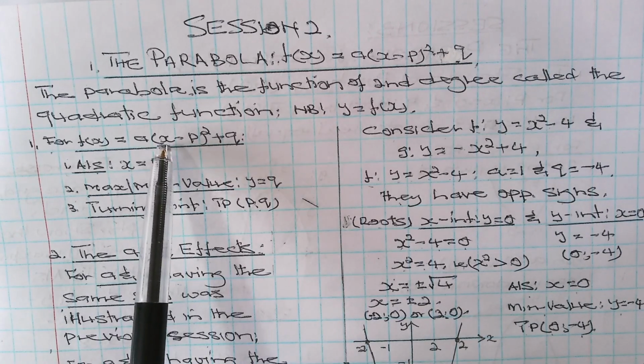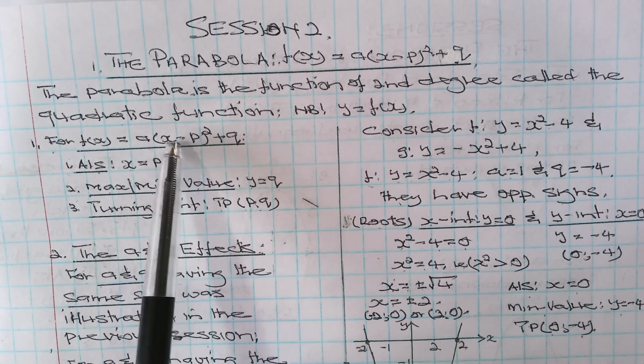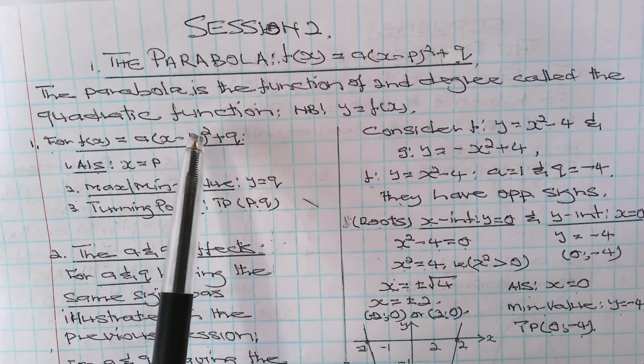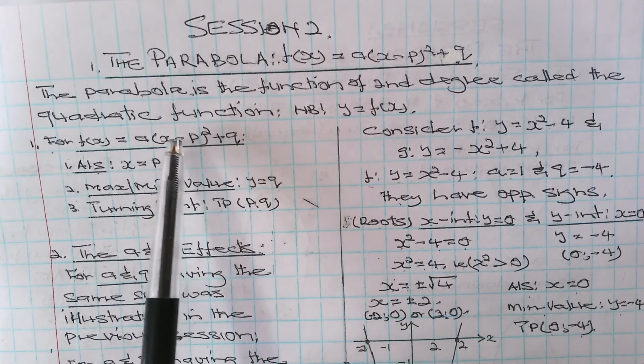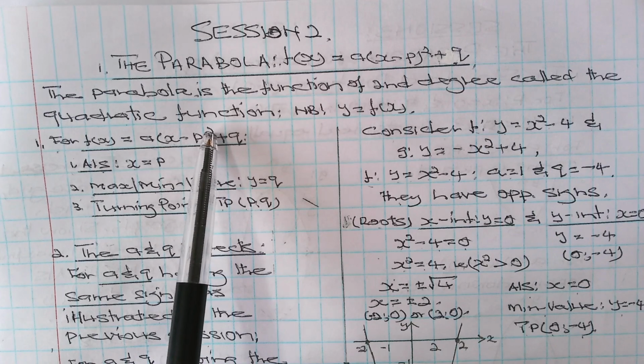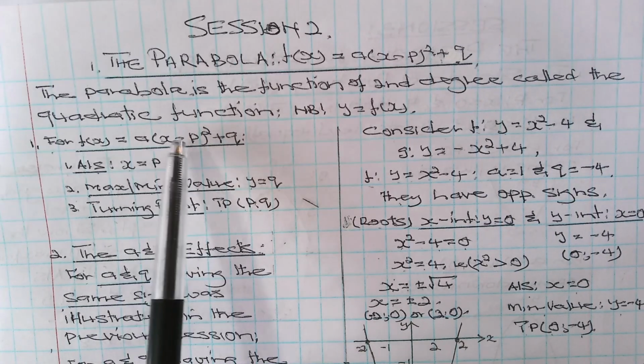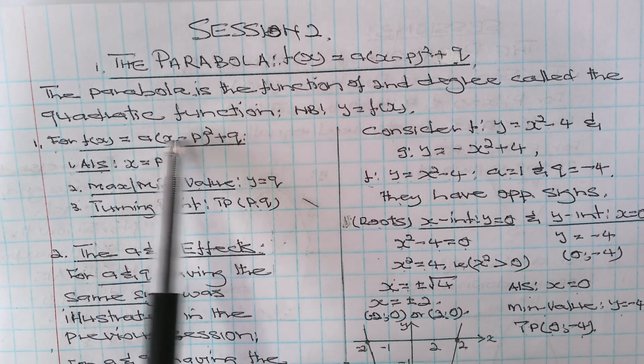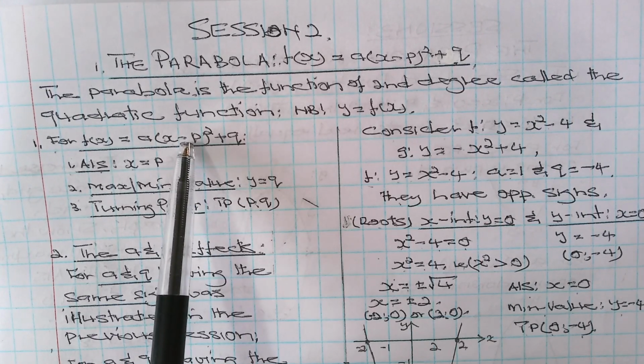Remember, the axis of symmetry is not influenced by the a value or the degree, the exponent. Whatever value you have as the degree or exponent or the a value, the axis of symmetry concerns the values within the bracket.